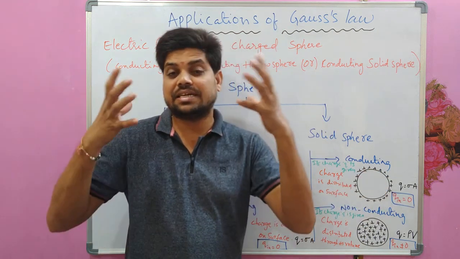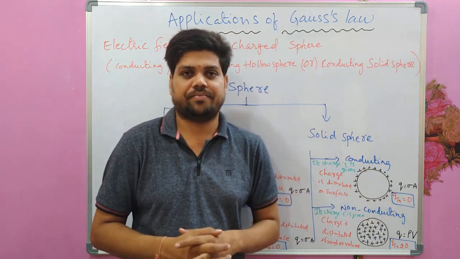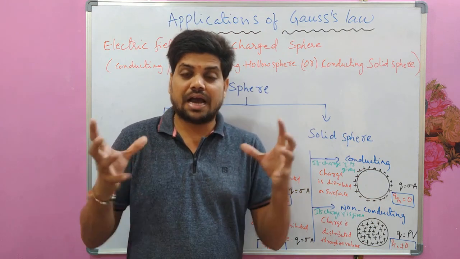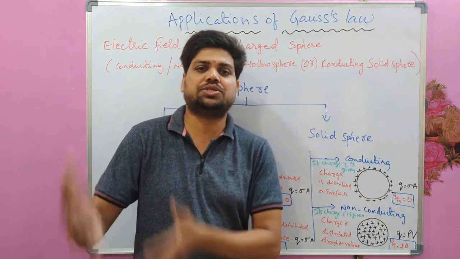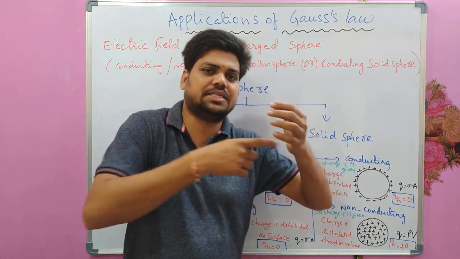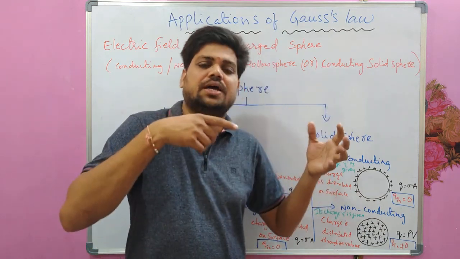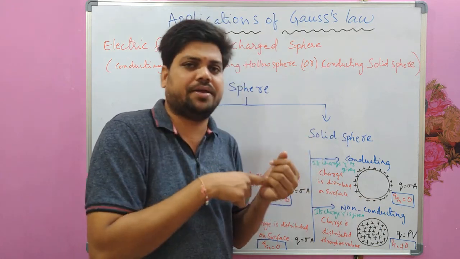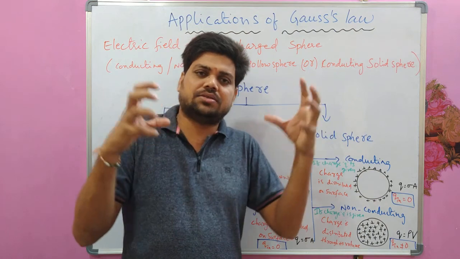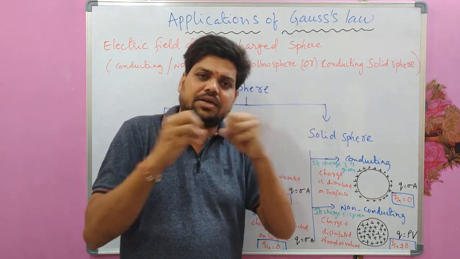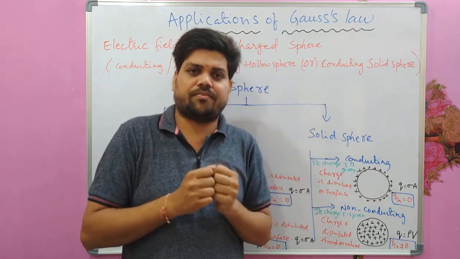The reason is it is conducting material. Because it is conducting material, it can conduct charge from one place to another, and whatever charge is given to this conducting solid sphere is conducted through the material, and it is accumulated on the surface.